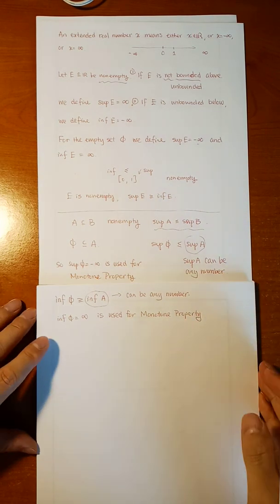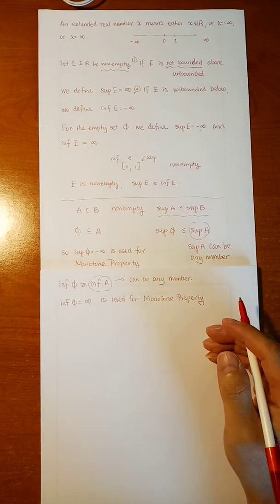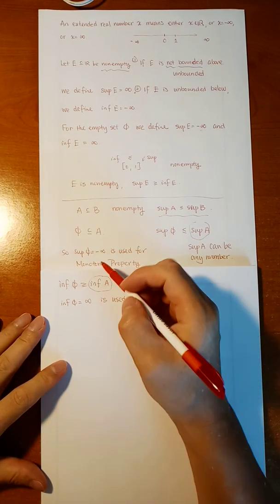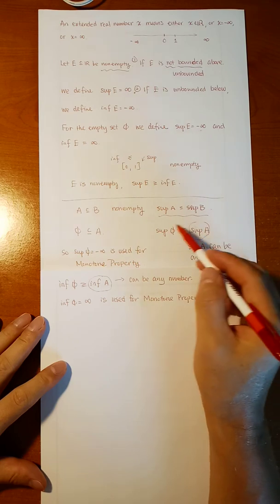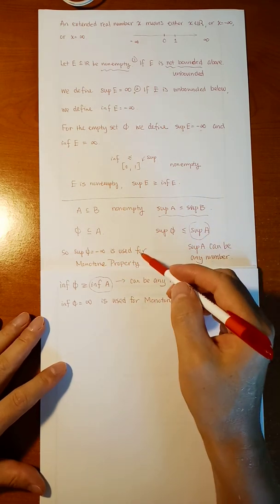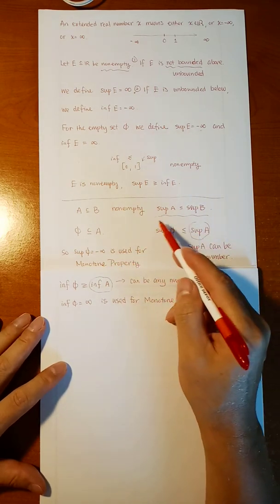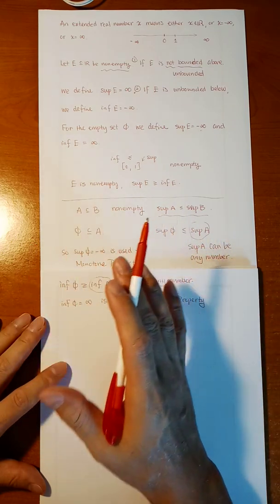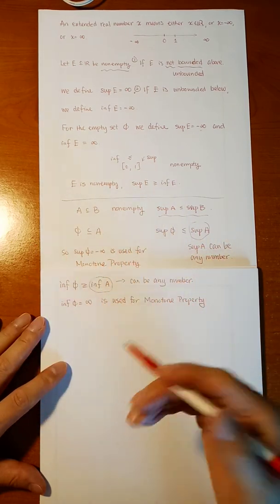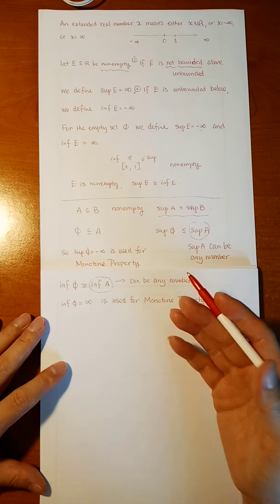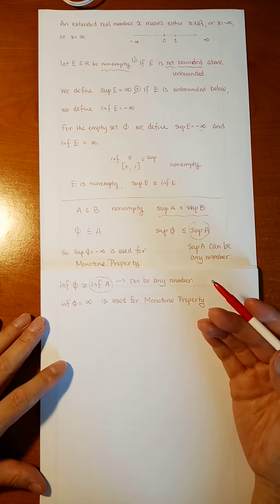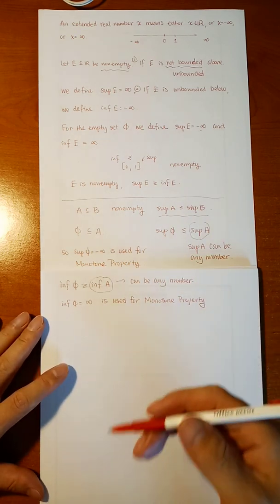Right? So that's reasonable. And actually, if we do not just want to preserve the monotone property, the inf of the empty set or sup of the empty set can be assigned to any number. It doesn't matter. Because how do you say it's not true?